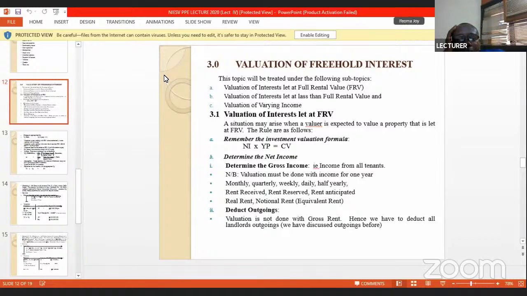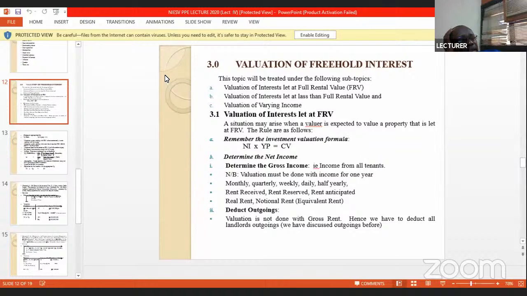And what do we mean by that? Some people pay monthly rent. If it is monthly rent, you convert it to a yearly rent by multiplying by 12. Some people pay quarterly. If it is a quarterly income, you have to multiply by 4 to make it yearly. Some people pay weekly.